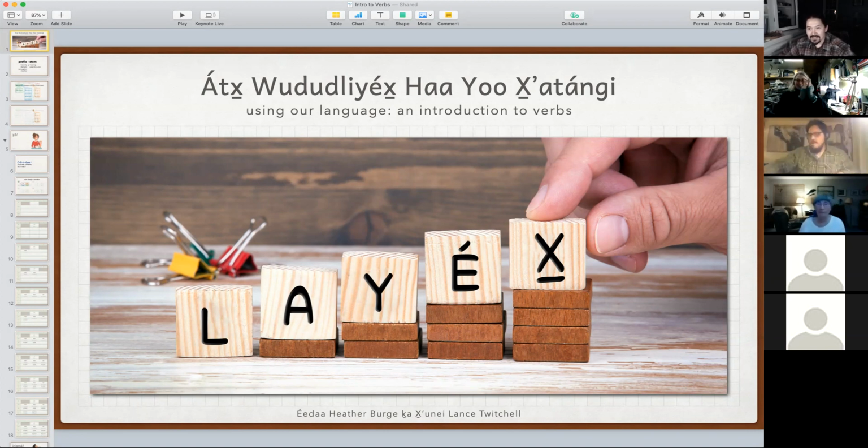So the idea here is to step way back and ask, how do we start looking at verbs? There's a whole bunch of different ways to look at it. In the second edition of the beginning Tlingit workbook, we start by looking at object pronouns and move to subject pronouns, and not a whole lot of intensive work on classifiers or anything like that.